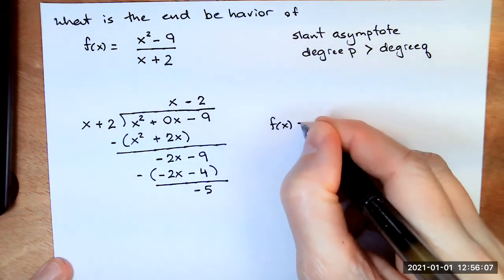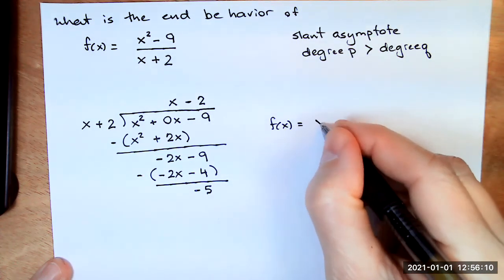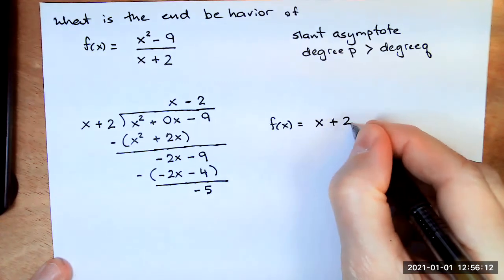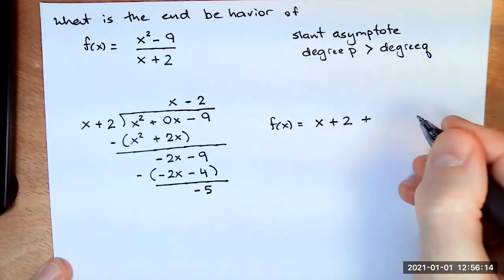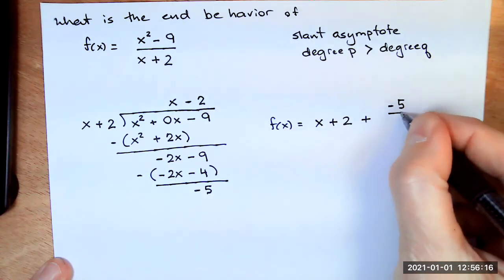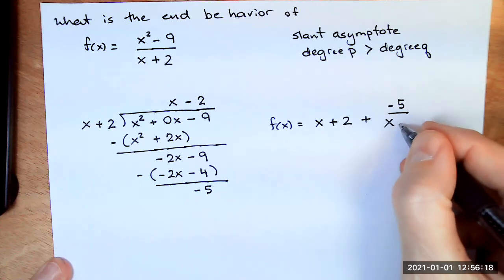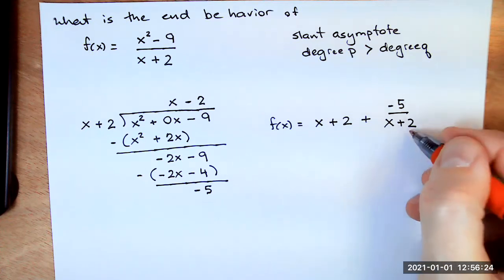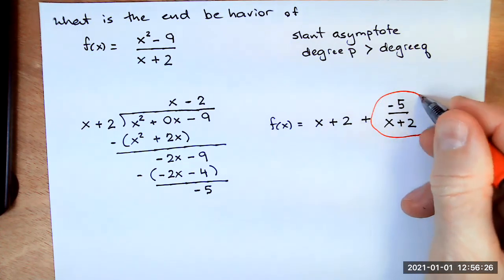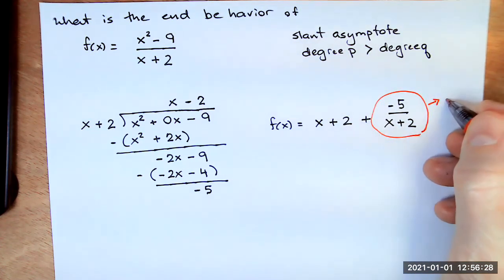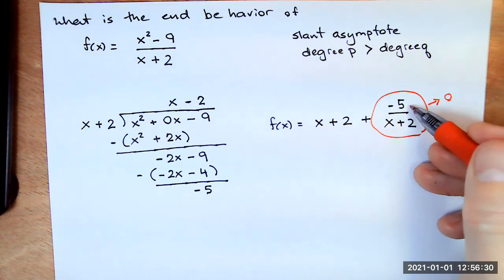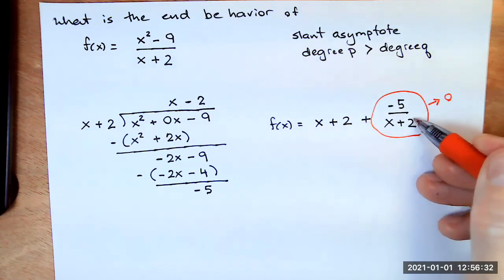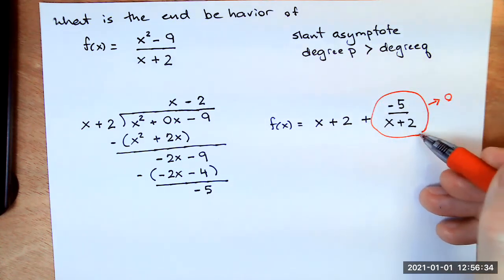So f of x could be rewritten as x minus 2 plus negative 5 over x plus 2. So when x goes to infinity or negative infinity, this part of the function goes to 0 because it's a rational function whose degree in the denominator is bigger.